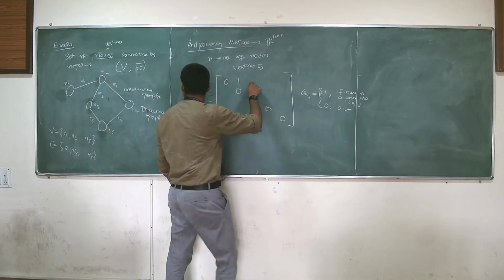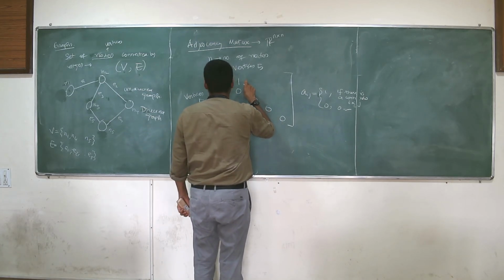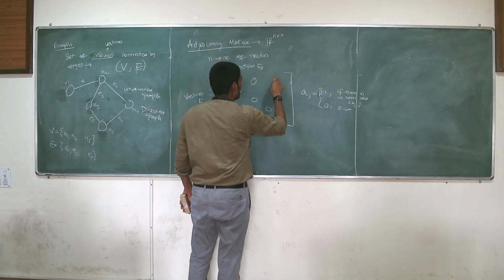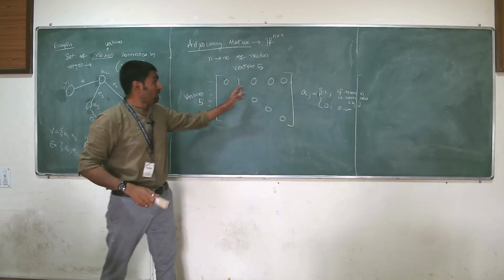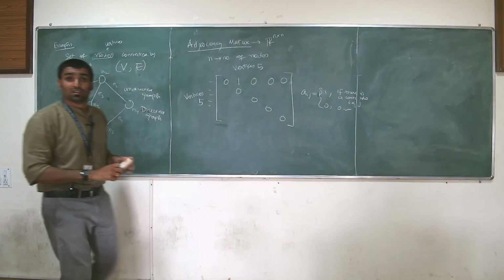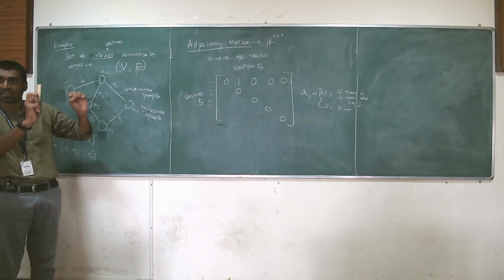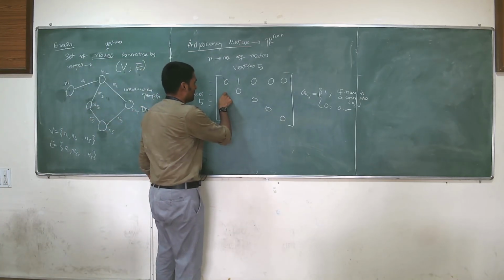This next one, you can tell me by looking at this. Is there a connection between 1 and 3? No, there is no connection between 1 and 3. 1 and 4? No. 1 and 5? No. And what we are representing here is direct connection. You could argue that there is a connection between 1 and 5 because you can go like this or like this. That's not adjacency. Adjacency is, are they right next to each other? That means is there a direct link between them with no nodes in between. What about this?